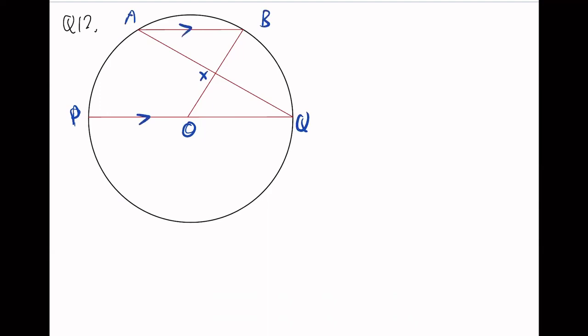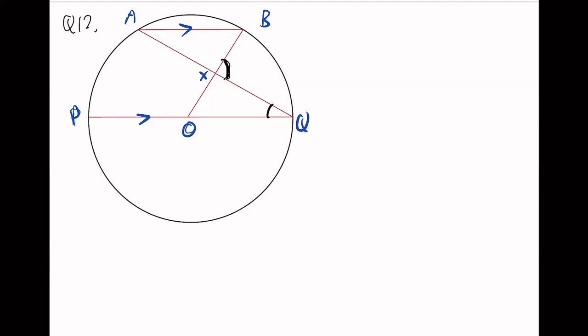Parallel, parallel. Okay, O is the center of the figure, PQ is a diameter, AB is a chord which is parallel to PQ. AQ and OB intersect at point X. Prove that angle BXQ is equal to 3 times angle PQA.